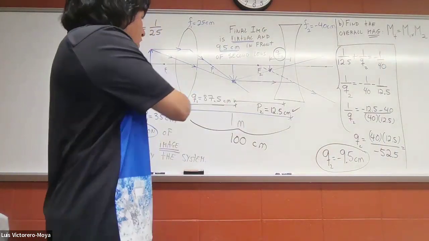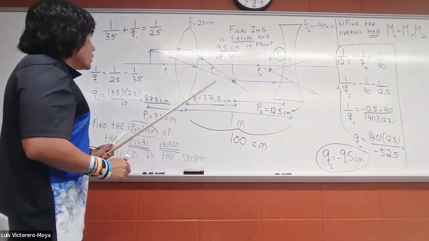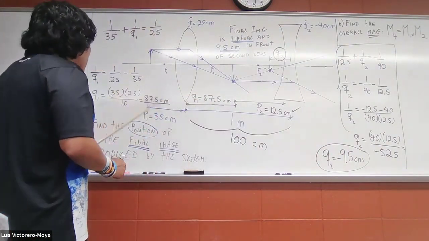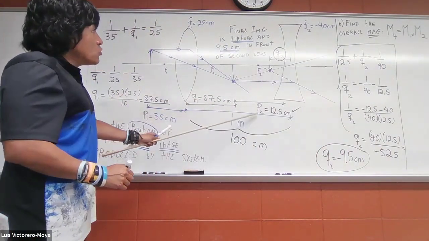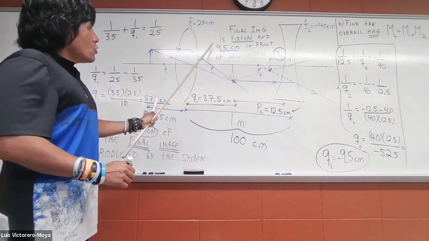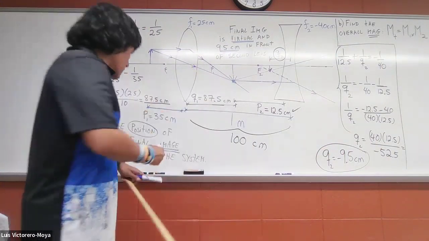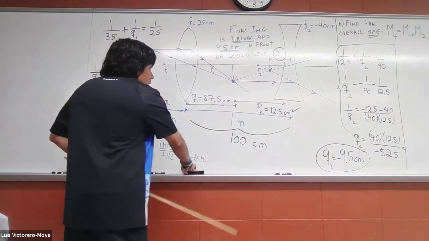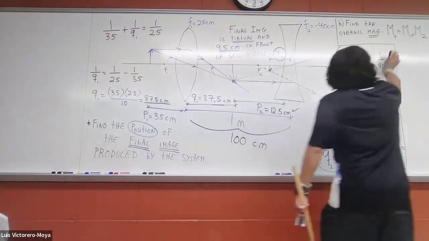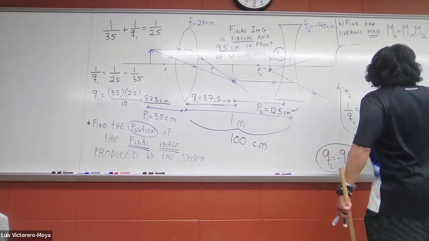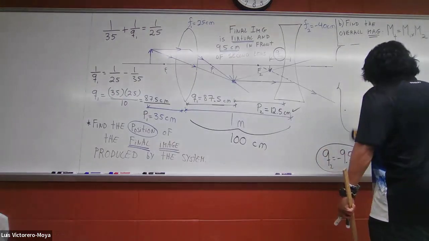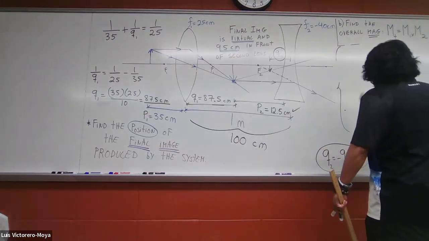So that's why I left this in here, because we need Q1, P1, P2, and Q2. So we have it here, so we can erase that. This, right?